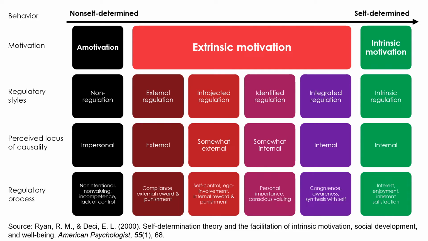Integration occurs when identified regulations are in congruence with one's other values and needs. Integrated extrinsic motivation shares many of the same properties of intrinsic motivation because the extrinsic expectation has become wholeheartedly engaged and purposive with respect to the target activity and without inner barriers or conflicts.